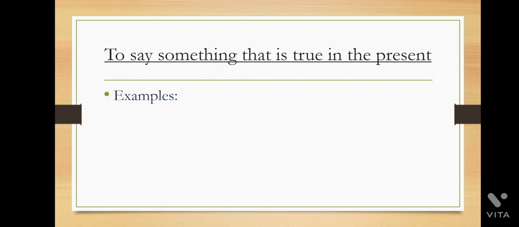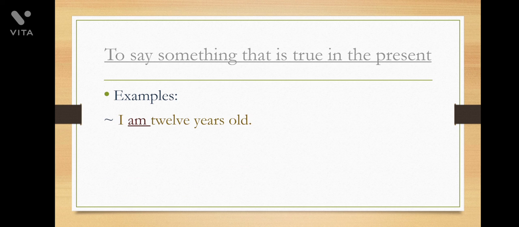We use the simple present tense to say something that is true in the present. The fact, the truth of the present, is something that we say in simple present tense. The examples are: I am 12 years old.